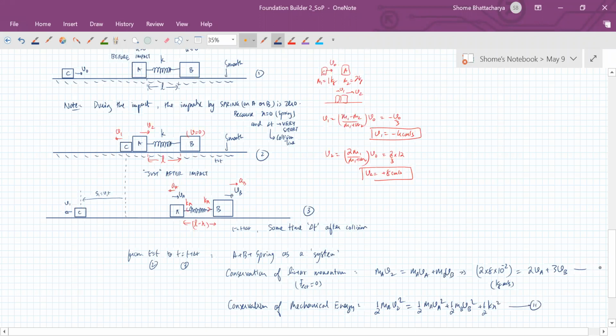So we have to make use of these two equations to solve for our other two quantities now. Other two quantities being for the second part, we need to calculate maximum compression of the spring. And for the third part, we need to calculate maximum value of B's velocity.